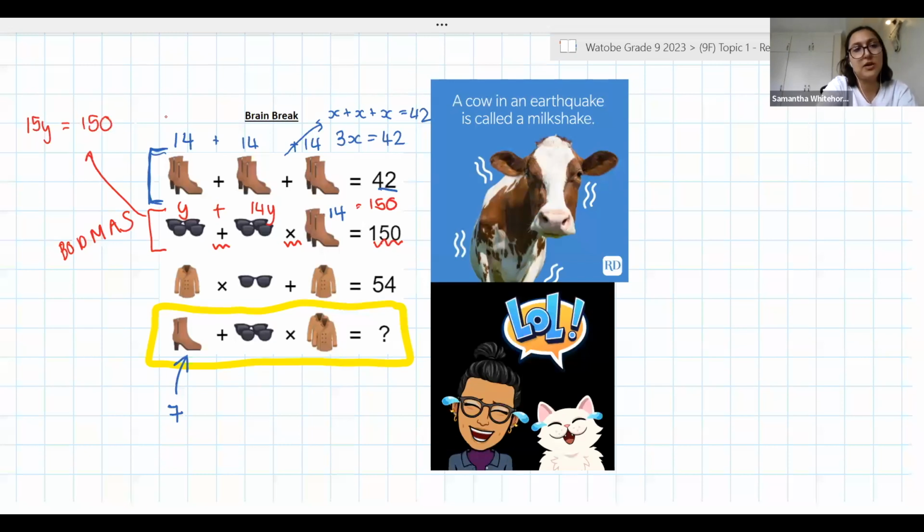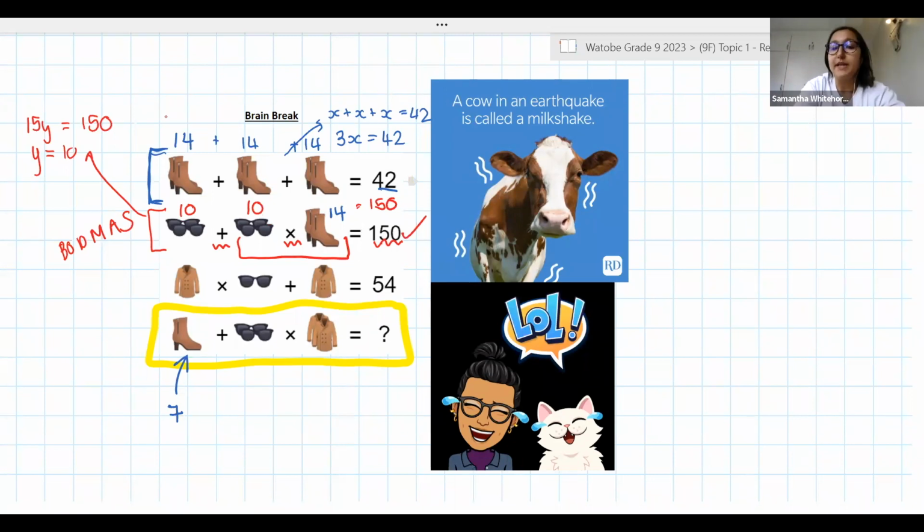And so we can solve our equation, which means that a pair of sunglasses, or 2 pairs of sunglasses rather, is equal to 10. And so that then tells me that this pair of sunglasses is 10. Now this makes sense. If we start with BODMAS, 10 times 14 is 140. 140 plus 10 does give me 150.